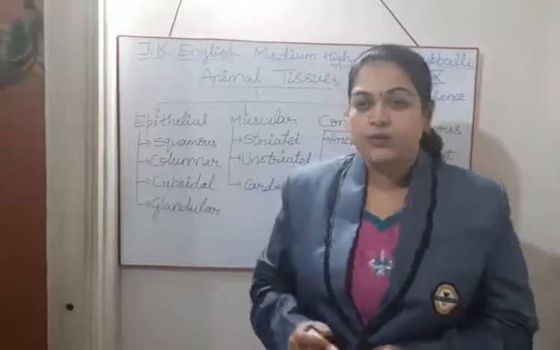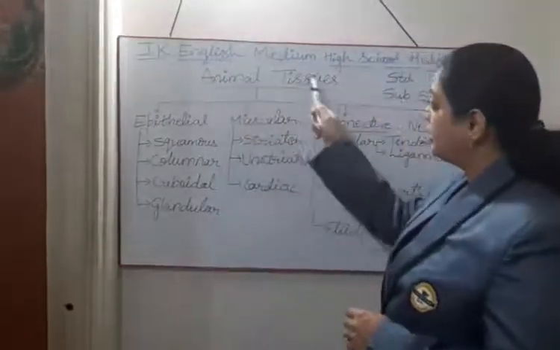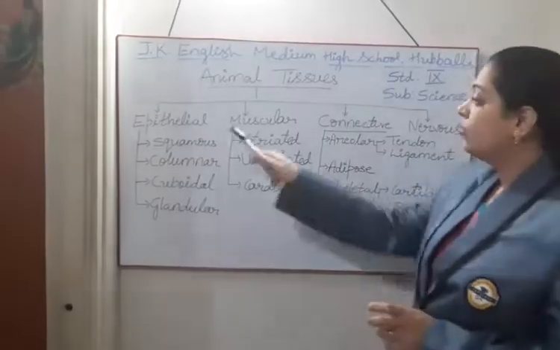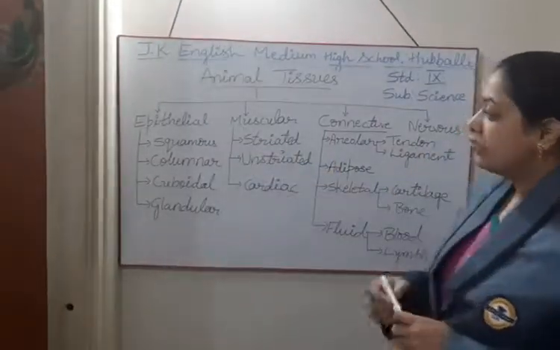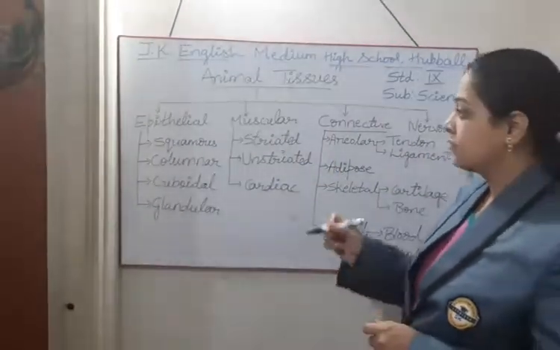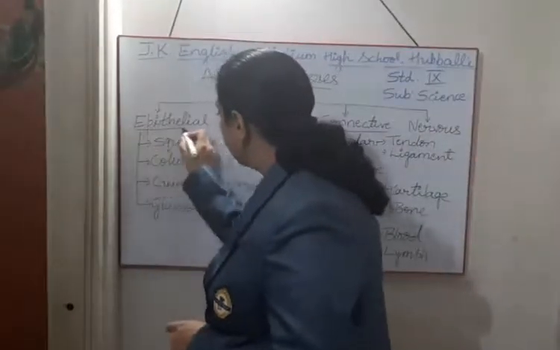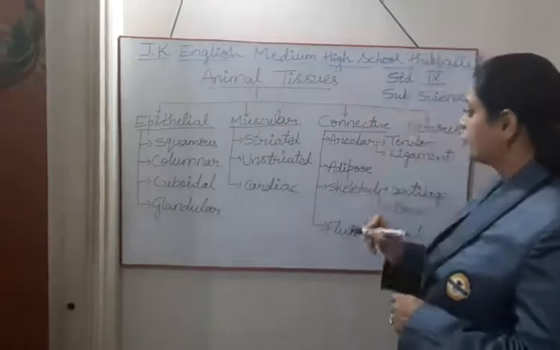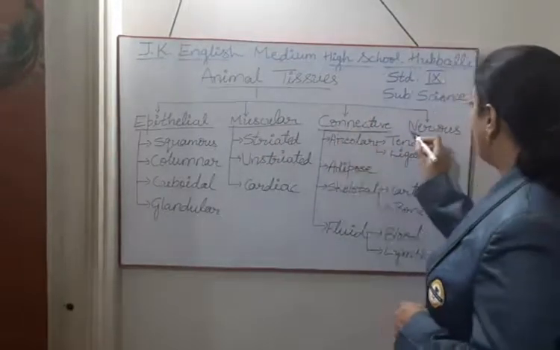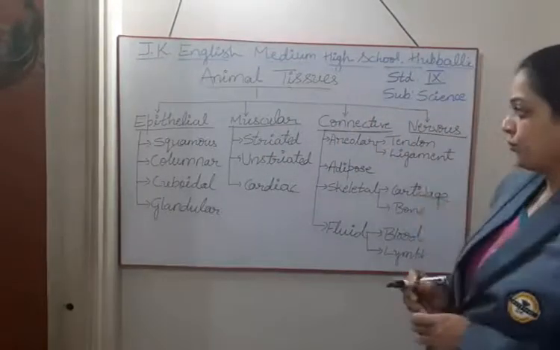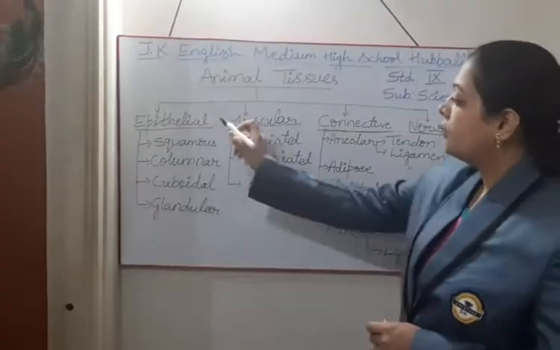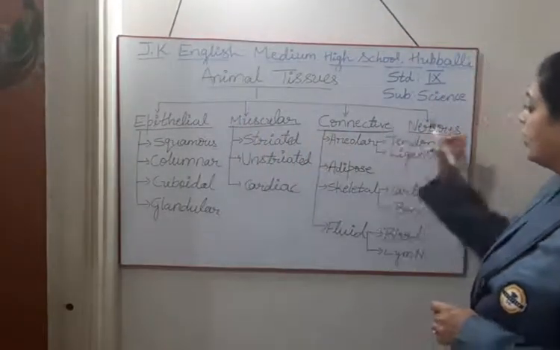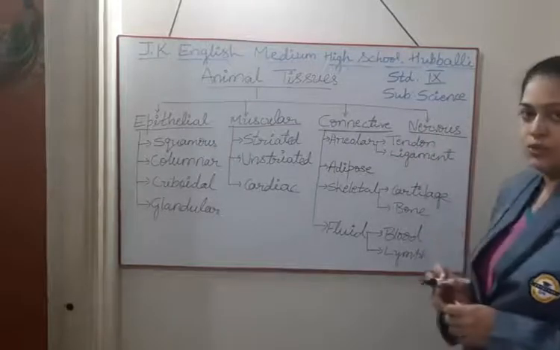Right, students? Animal tissues are basically classified into 4 types. Which are those 4 types? The first one is epithelial tissue, then muscular tissue, connective tissue and the nervous tissue. See, I have underlined epithelial tissue, muscular tissue, connective tissue and the nervous tissue.